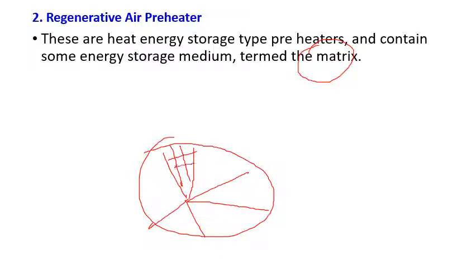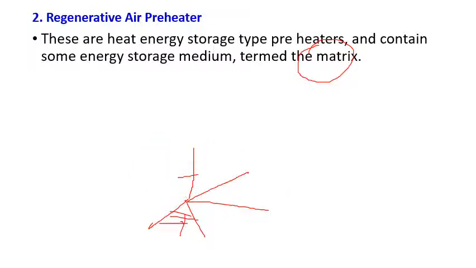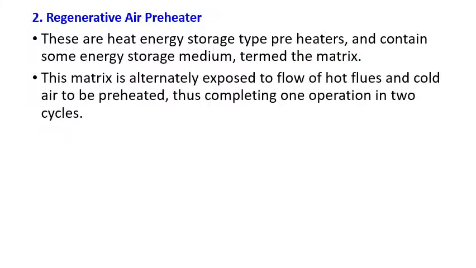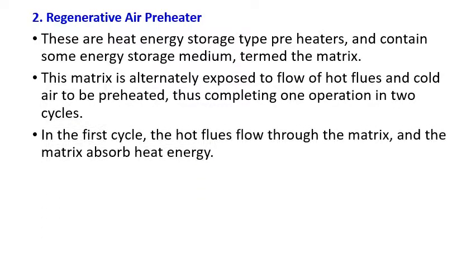This is called a matrix, and it is used in a regenerative air heater. This matrix is alternately exposed to the flow of hot flue gas and the cold air to be preheated, thus completing one operation in two cycles.